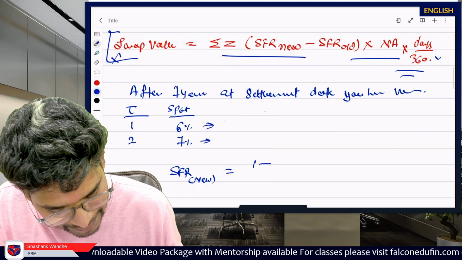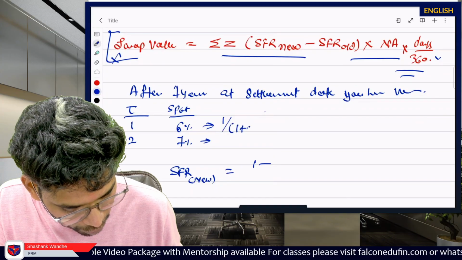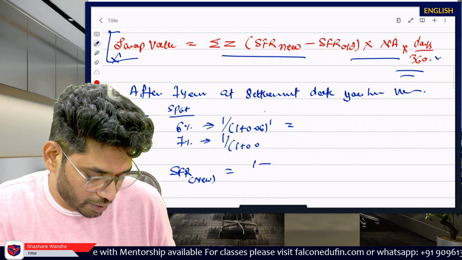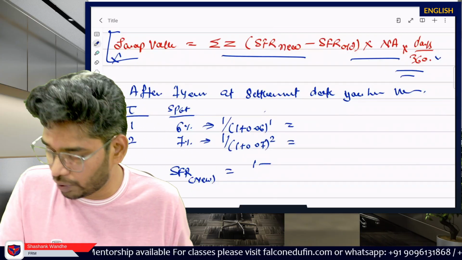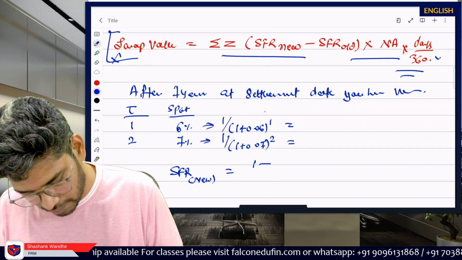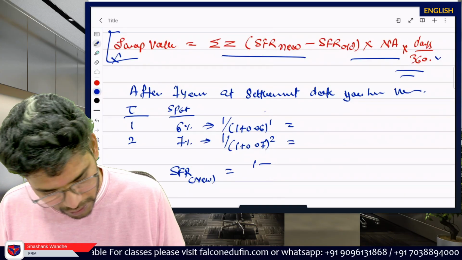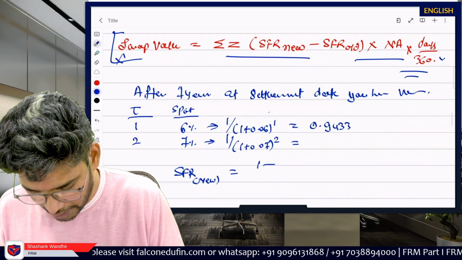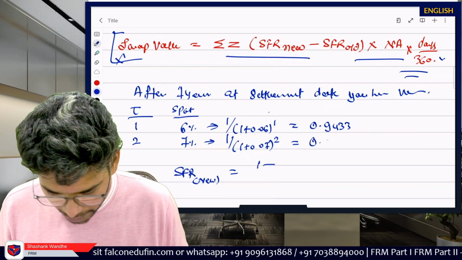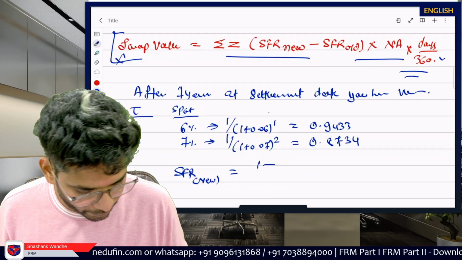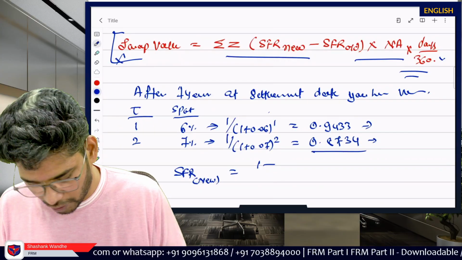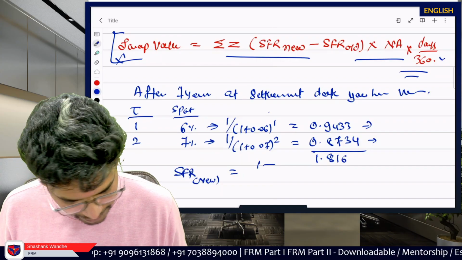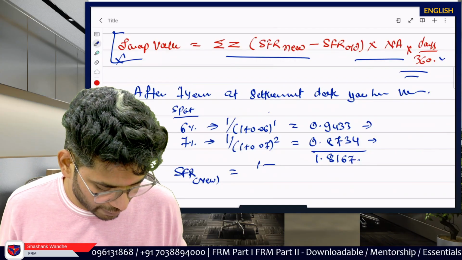So here we have to calculate the Z. For first, it is 1 divided by 1 plus 0.06 to the power 1, and 1 divided by 1 plus 0.07 to the power 2, because it's for the 2 years. 1 divided by 1.06 equals 0.9433, and the second one, 1 divided by 1.07 squared, equals 0.8734. The sum total of this is 1.8167.